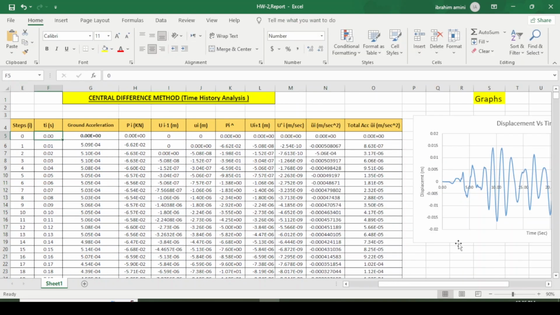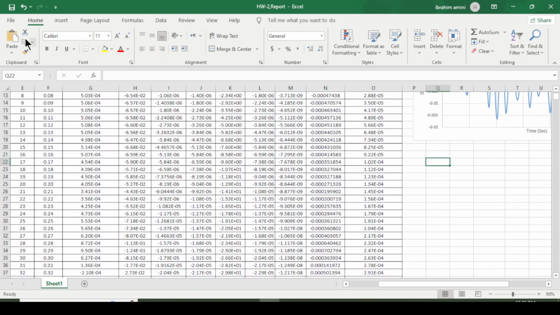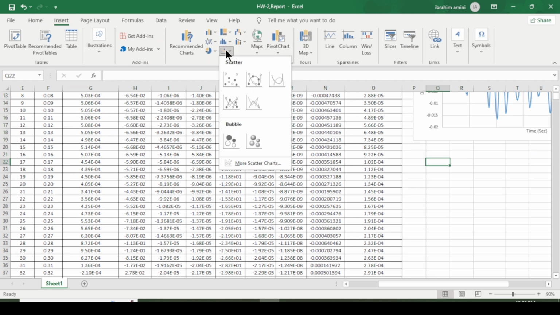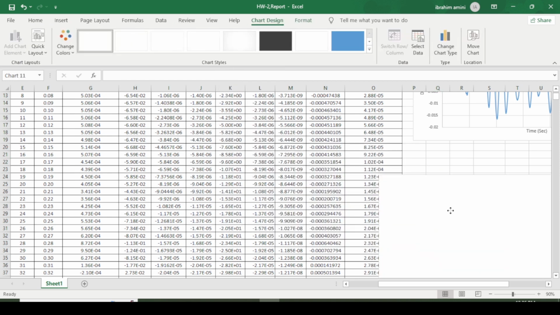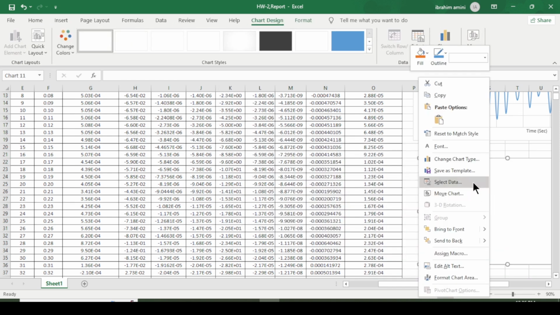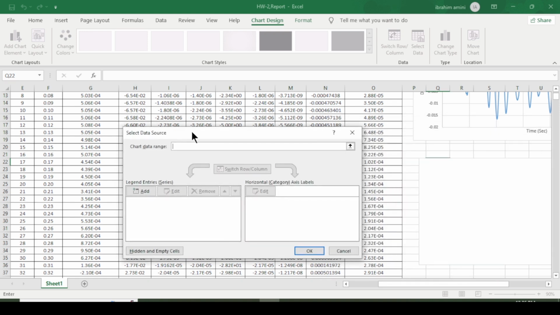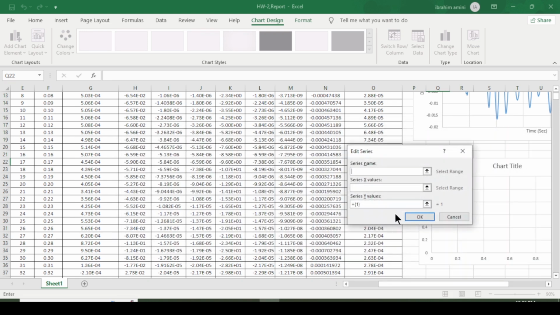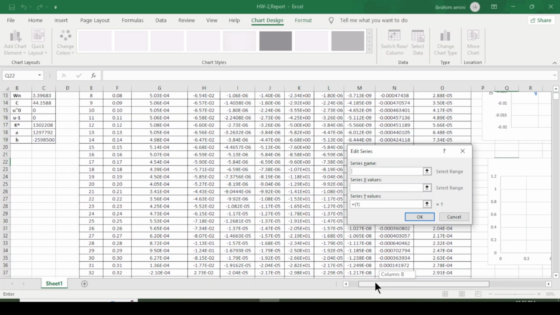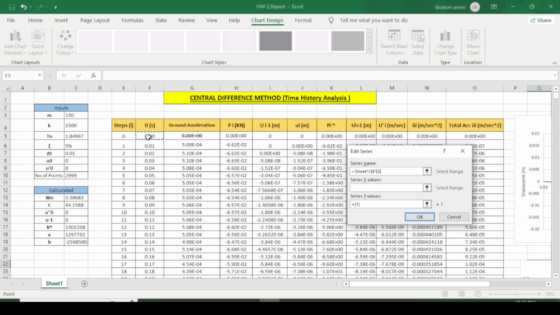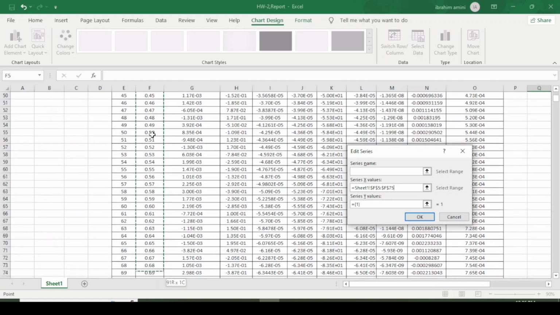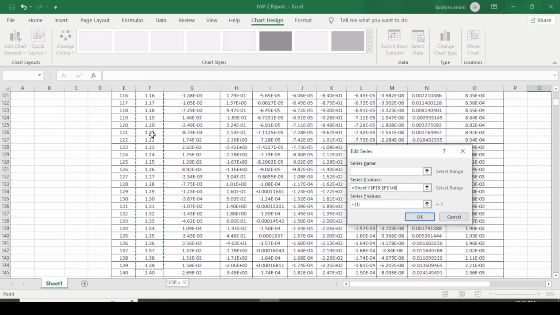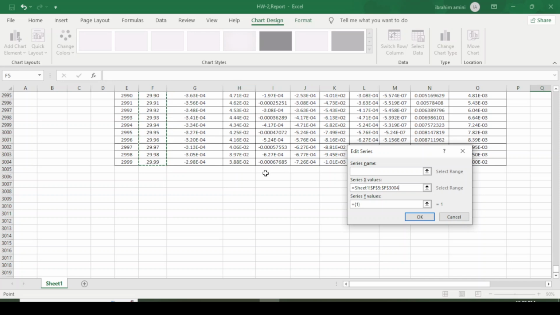Now we will do velocity versus time and accelerations versus time. I'm coming here again, select here, go to insert, scatter, select this one and put it here. Select data, add, select X, and go for the time difference, up to the last point.